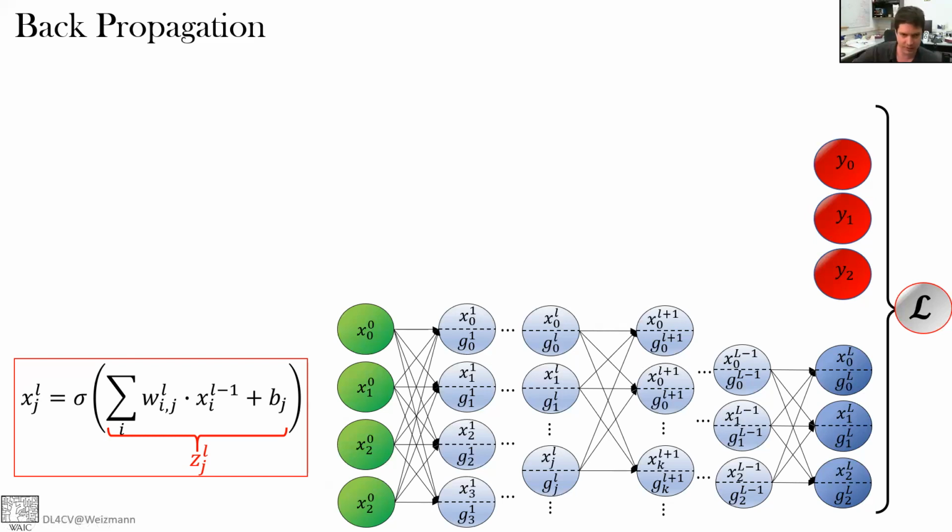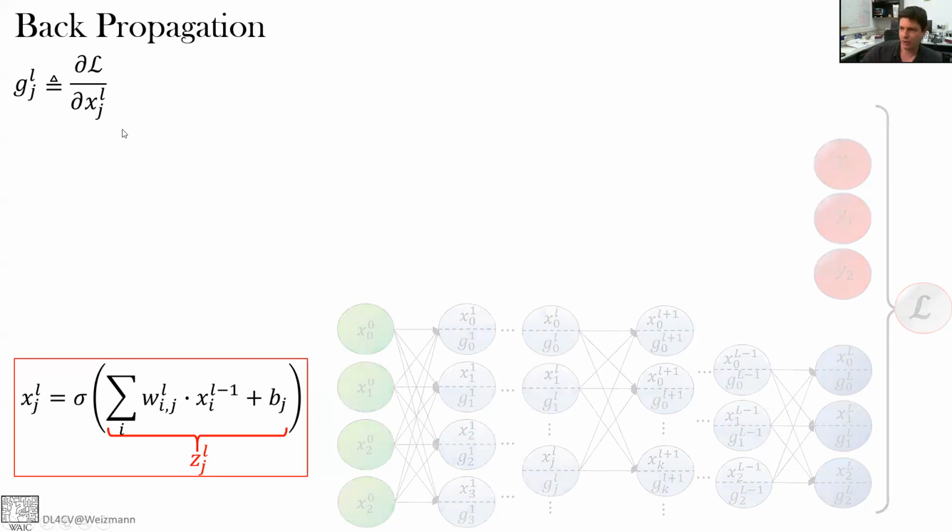Because if we have all the G's, we have the derivatives with respect to all the neurons, and then it's very easy to obtain the derivatives with respect to all the weights. Remember that G is DL to DX, LJ. This is what we're looking for.